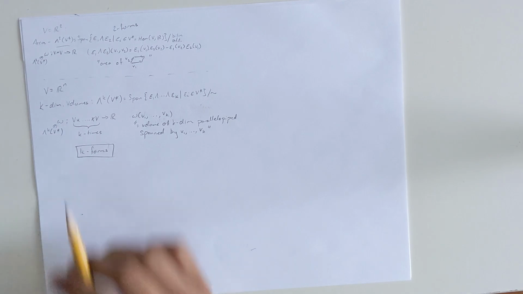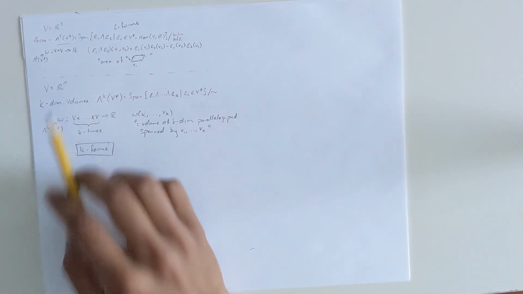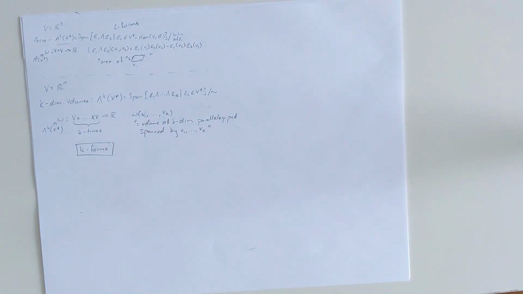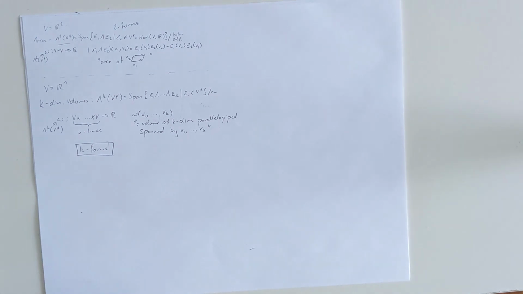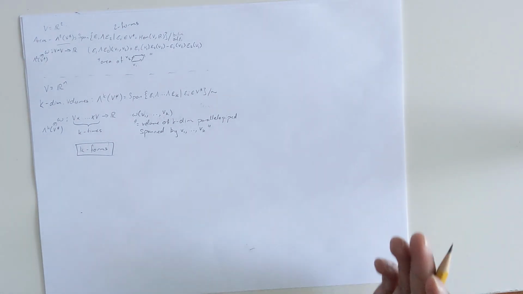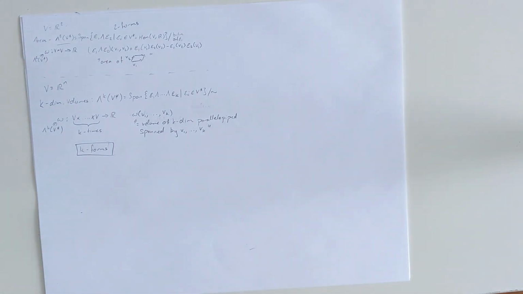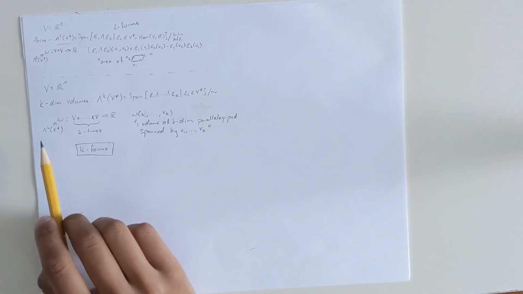So generalizing a bit, if we move to Rn, then now instead of just talking about one and two dimensional objects, we can talk about any k-dimensional parallelepipeds. So anything spanned by k vectors.